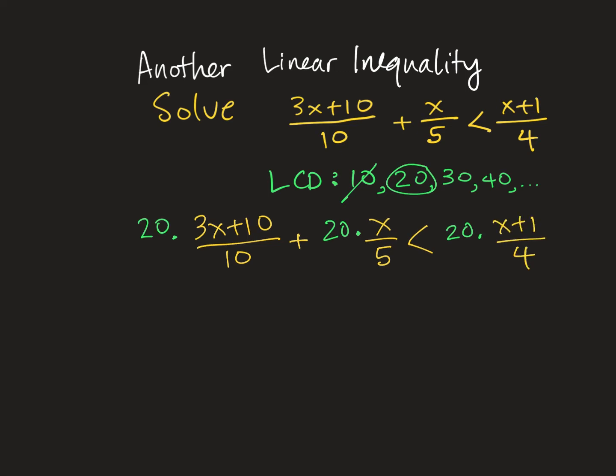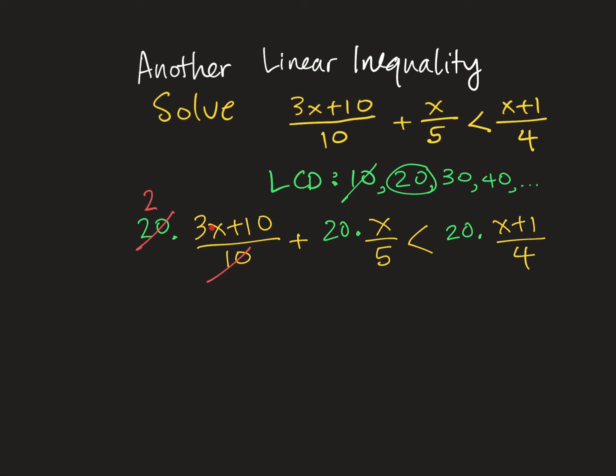Okay, so recall the whole point of this. The reason I'm multiplying by 20 is because I want to get rid of dividing by 10, I want to get rid of dividing by 5, and I want to get rid of dividing by 4. So with that in mind, I know 10 will go into this 20 2 times. So that 2 is going to be multiplied by the remaining numerator.